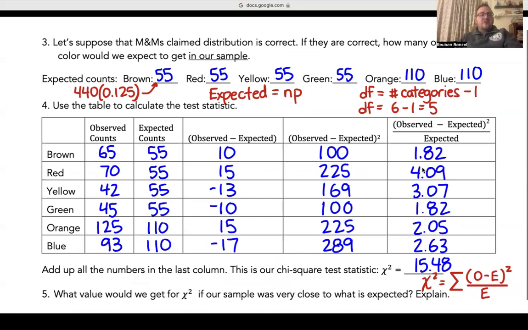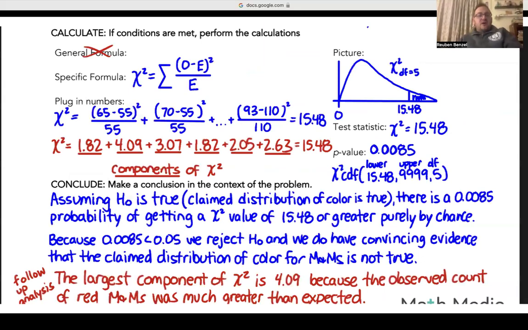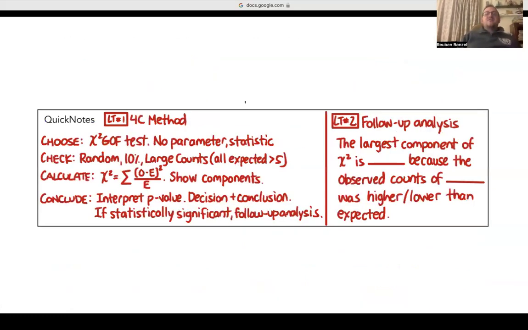So the thing that's the most off is the red, because it's 15 off compared to a 55 for the expected counts, which is a lot more than being 17 off from 110 for your expected counts. So that's why that's going to be the largest component. They might ask you a follow-up question like that sometimes.